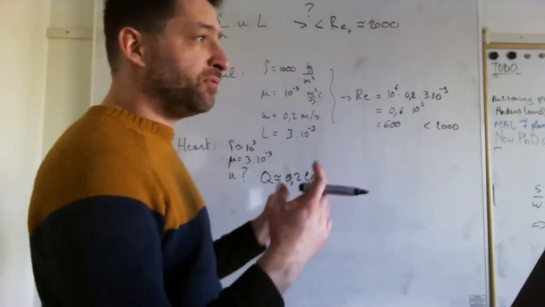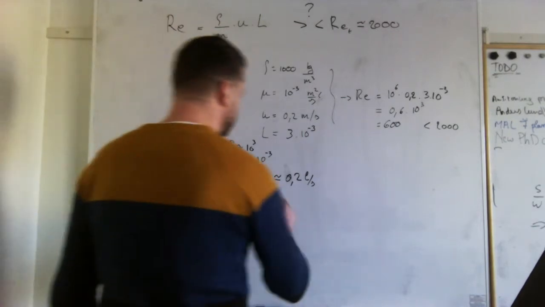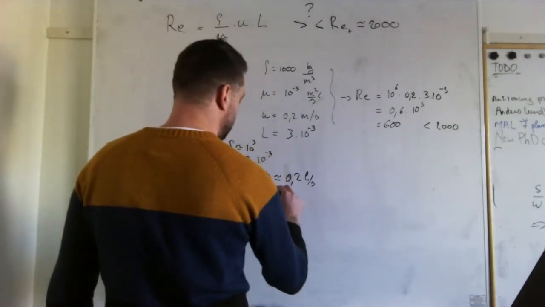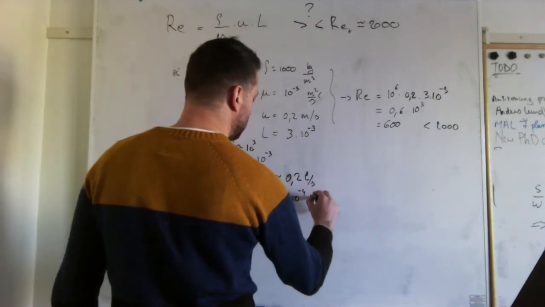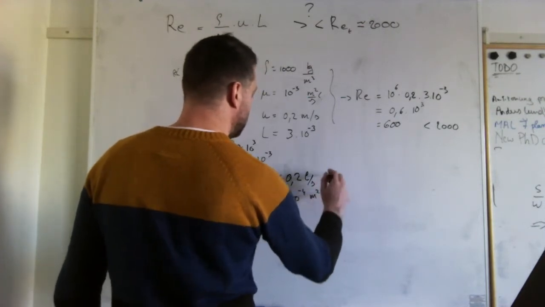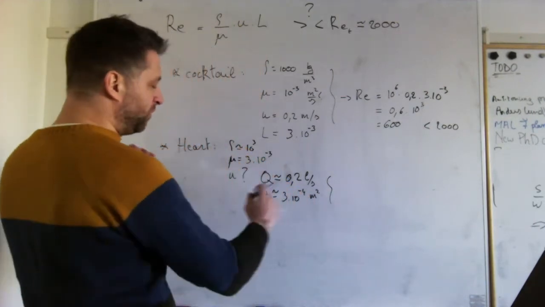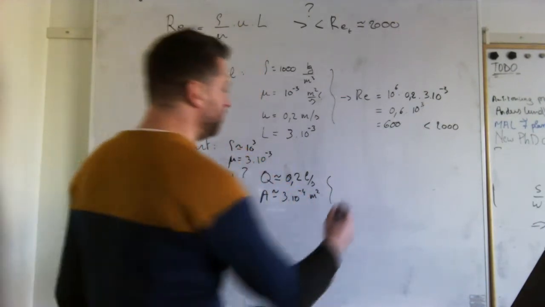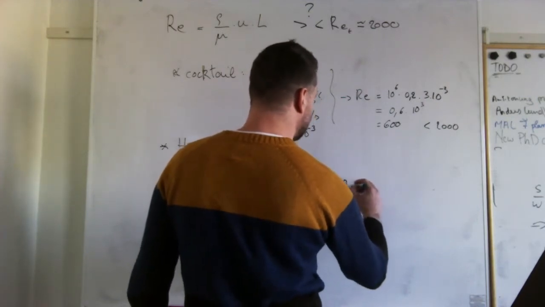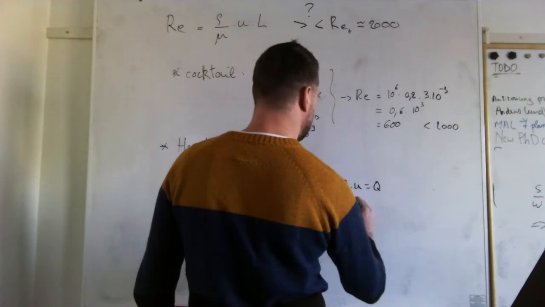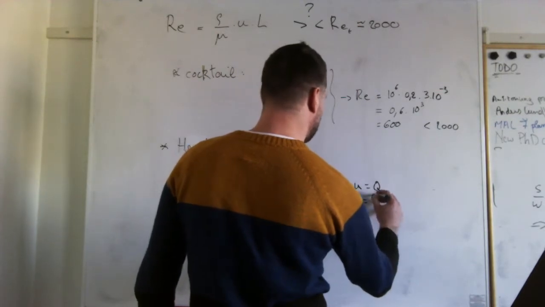Then that would be an area of roughly 3 square centimeter, so 3 times 10 to the minus 4 square meter. So I know the volumetric flow and the area for incompressible flow. Then I know that A times U equals Q, so U equals Q over A.